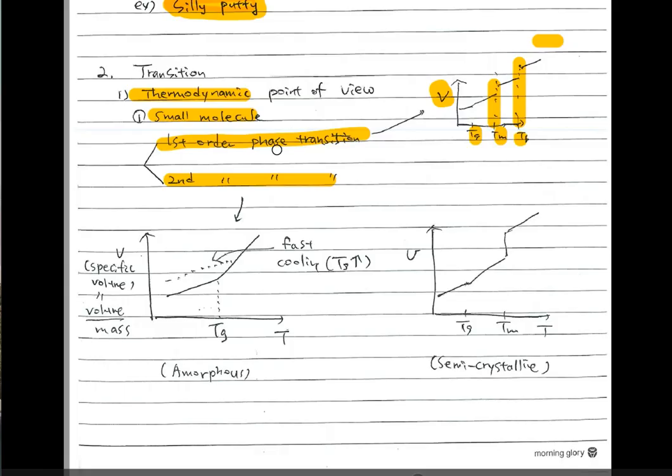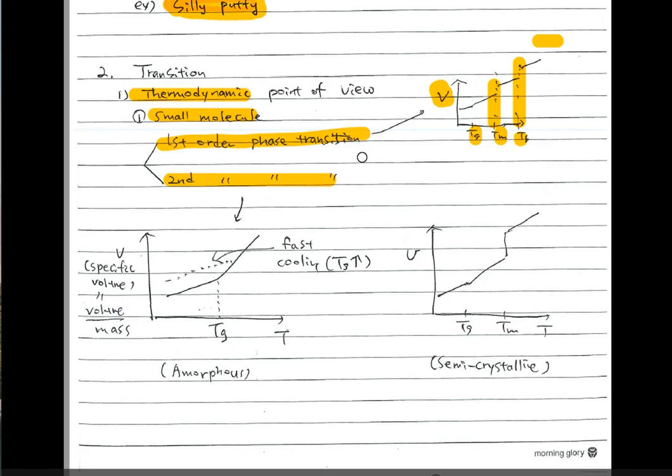On the other hand, the definition of second order phase transition is one at which the first derivative of chemical potential is continuous, but the second derivative of the chemical potential is discontinuous, right? The reason why I'm explaining this again is because glass transition is a kind of second order phase transition.